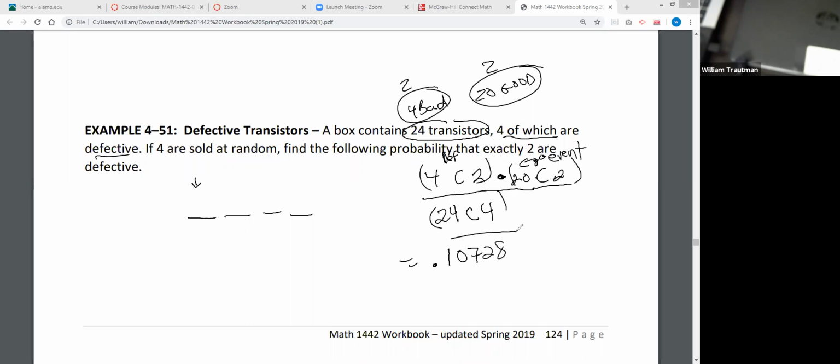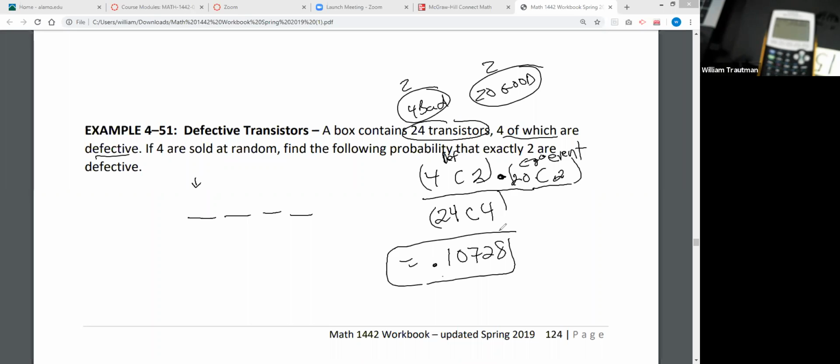Anybody else get this? That's about a 10% chance of getting exactly 2 defective. And there's a good chance I typed it in wrong.